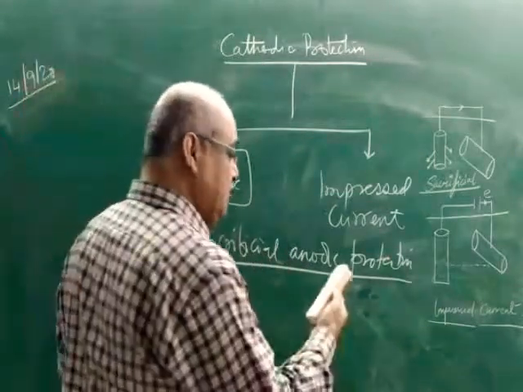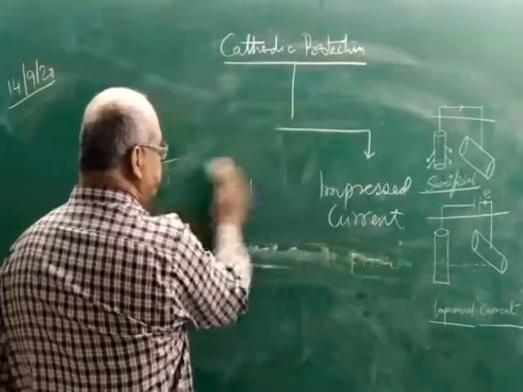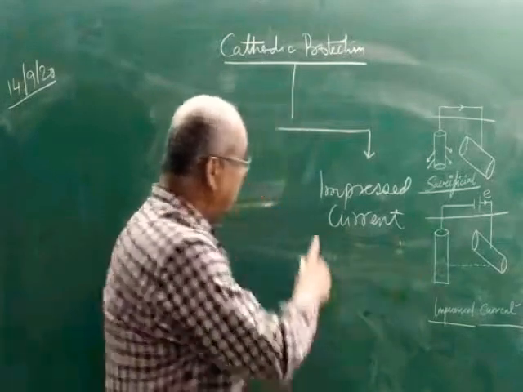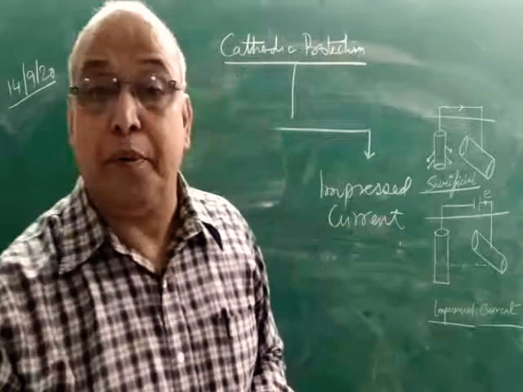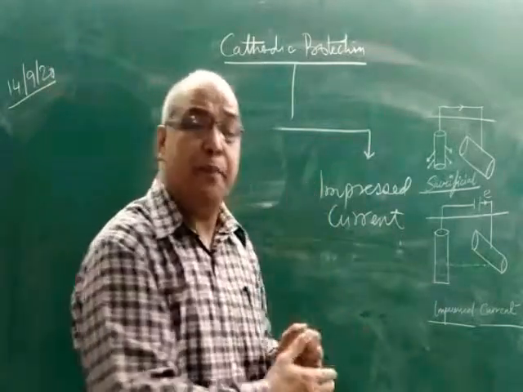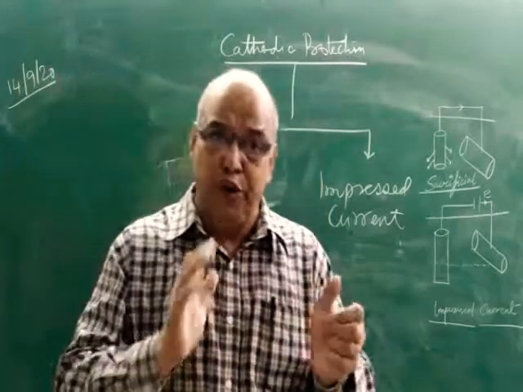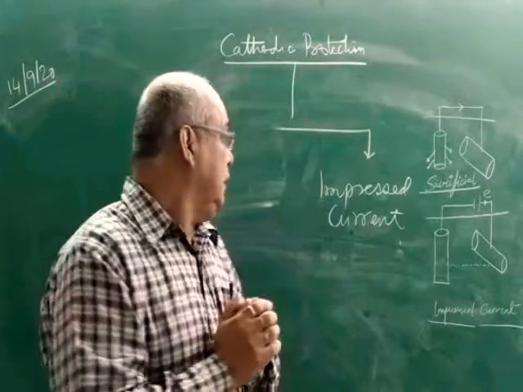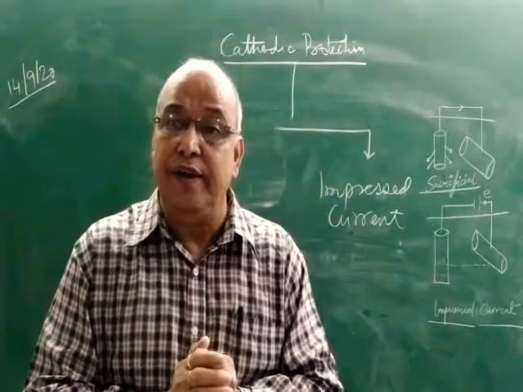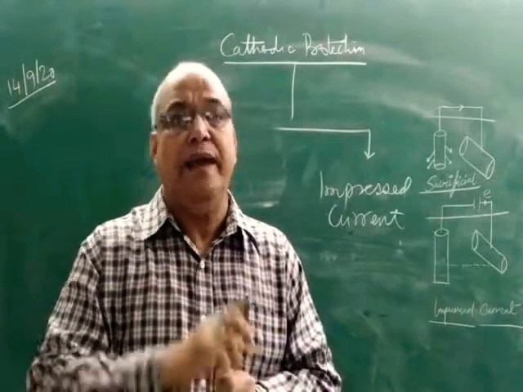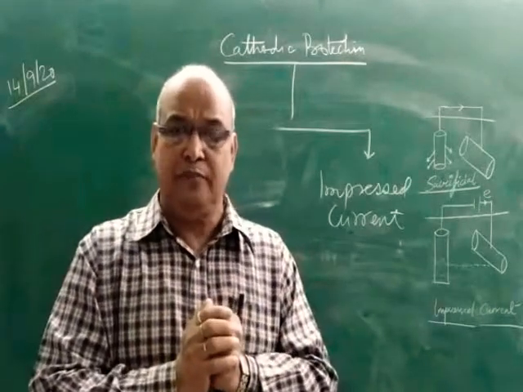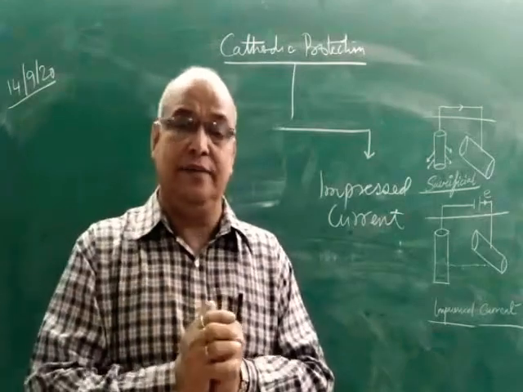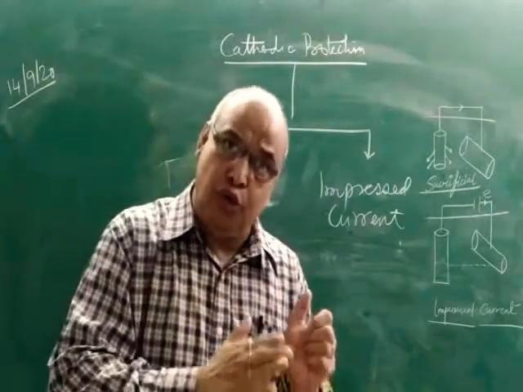Now, let us discuss impressed current cathodic protection. In this approach, an impressed current is applied in the opposite direction to nullify the corrosion current, converting the corroding anode to a cathode.